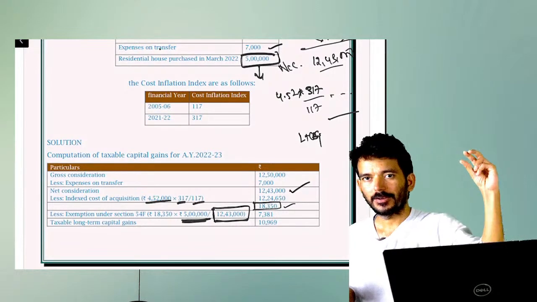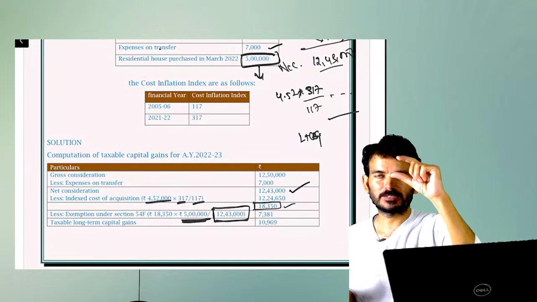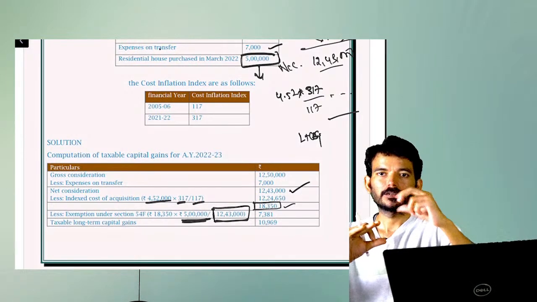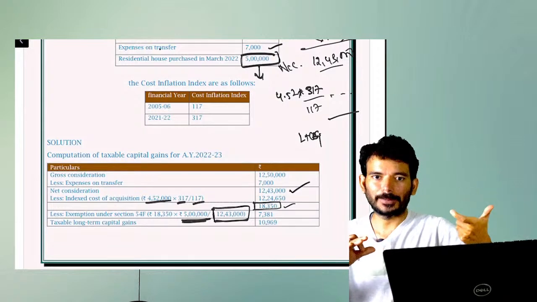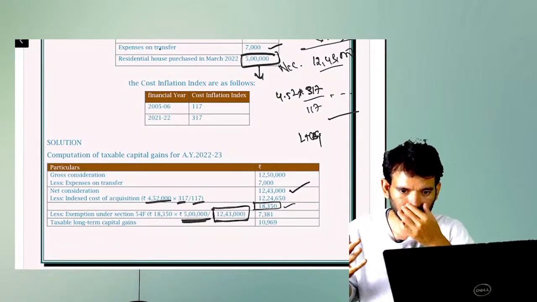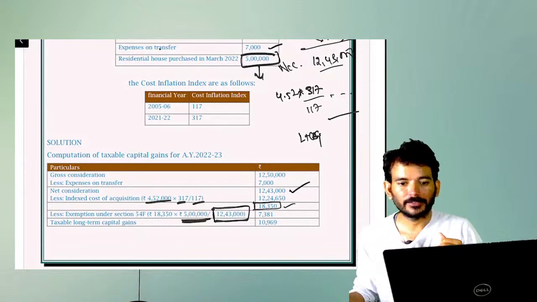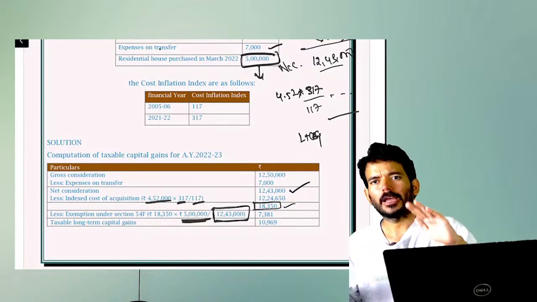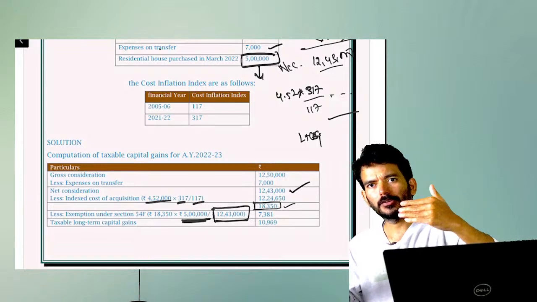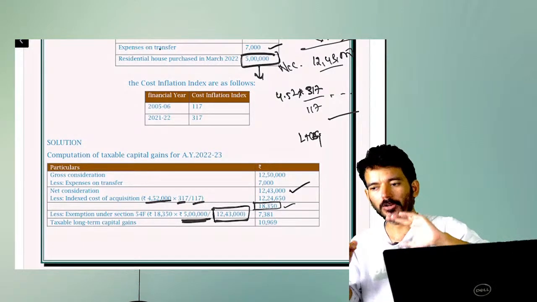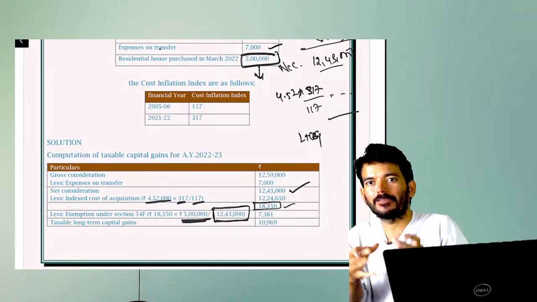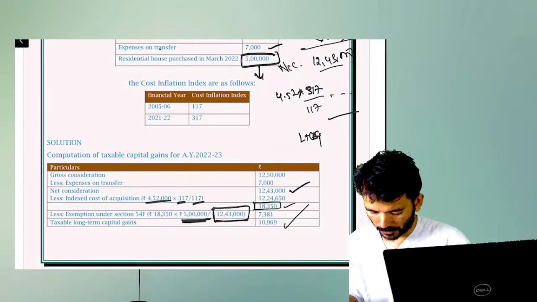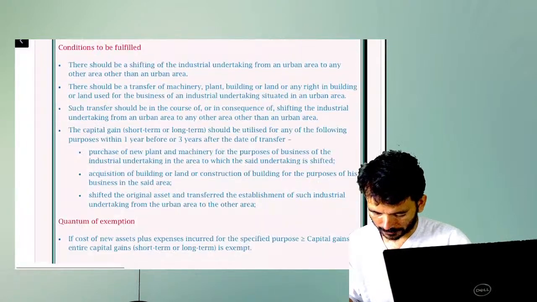Obviously the lower amount, net investment, will come on top as numerator, denominator by net consideration, and multiplied by your capital gain. In other way of saying, had you invested the entire net consideration, I would have given you the benefit of the entire capital gain. Because you are investing proportionately, I will give you proportionately. Put it in a numerical mathematical sense. So this will be your long-term capital gain, which is taxable.